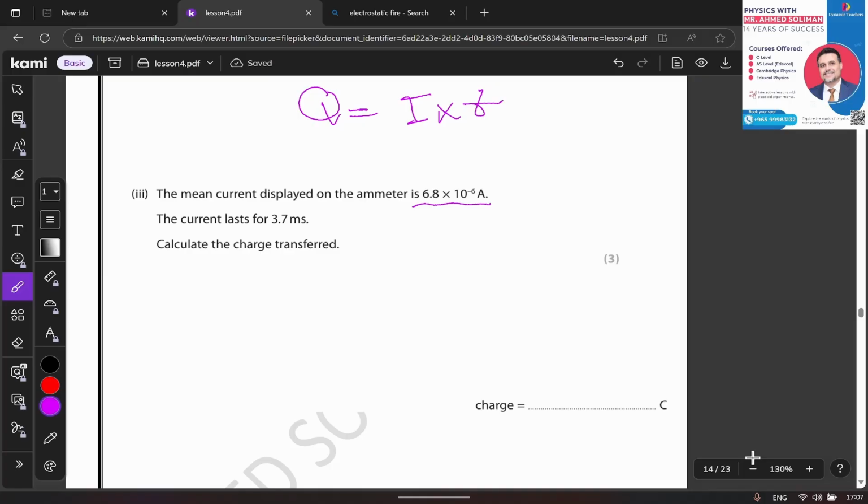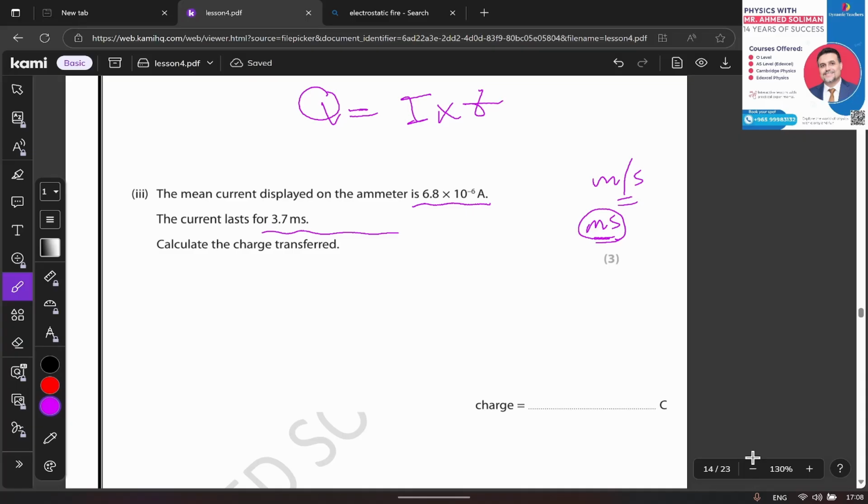The current lasts for 3.7 meters per second. Meters per second? This is meter per second, Bara. But what about this? Calculate. This is not meter per second. What do we call this, Bara?